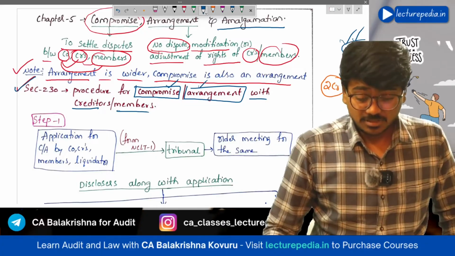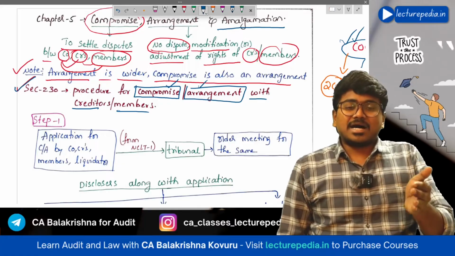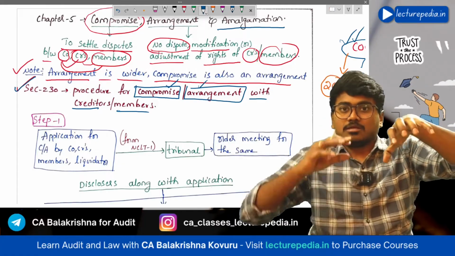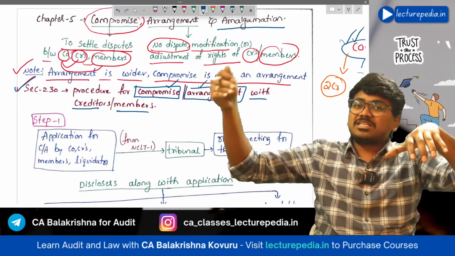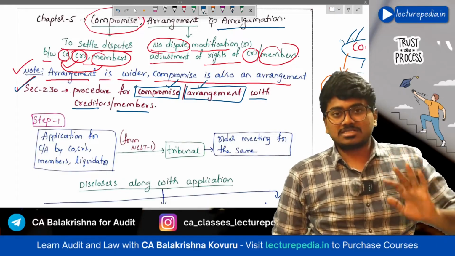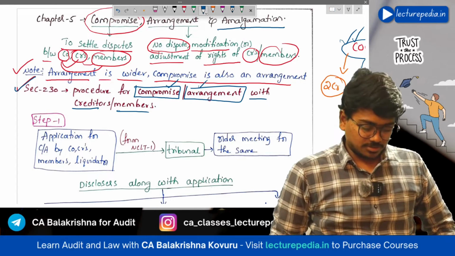So for compromise or arrangement, the common party will be the company. Company will be always standard. It could be either with creditors or with members. Members means shareholders. Company will be constant party to the compromise or arrangement.